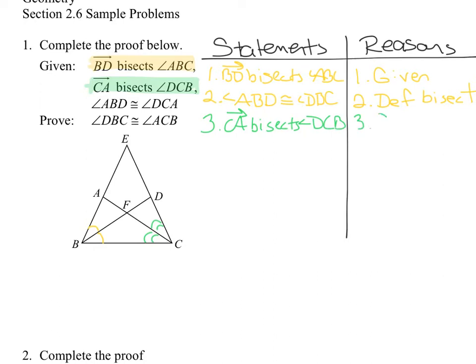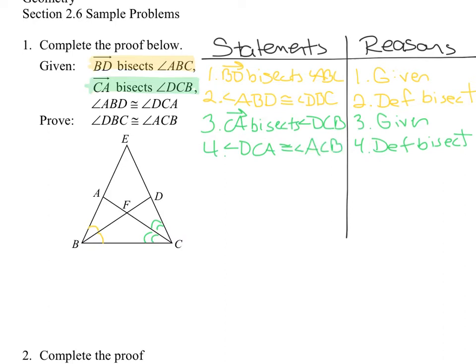How did we know that? Well, that was given to us. And again, that vocab word bisect was in the given, so I'm going to define that. My statement is the same thing that we were just able to mark: angle DCA was congruent to angle ACB.